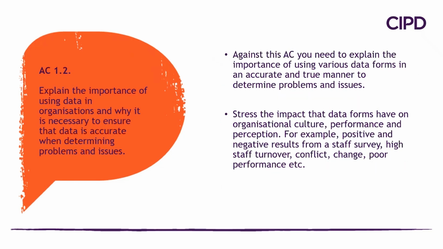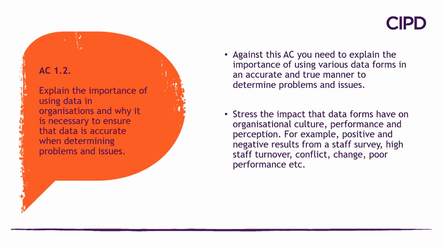The next one I'm going to talk about is AC 1.2, where you need to explain the importance of using data in organisations and why it is necessary to ensure that data is accurate when determining problems and issues. Against this AC, you need to explain the importance of using various data forms in an accurate and true manner to determine problems and issues.